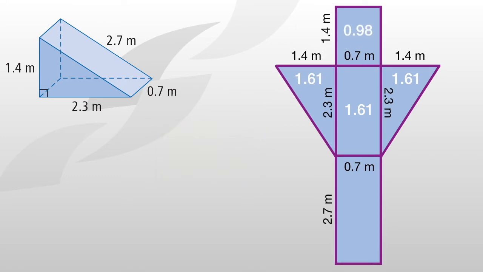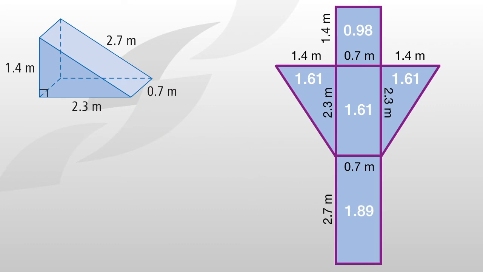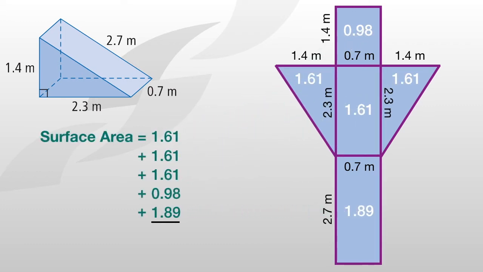And finally, the area of the top rectangle of the prism is 1.89. So the total surface area is the sum of the areas of the faces, which is 7.7. And we need to include the unit meters squared.